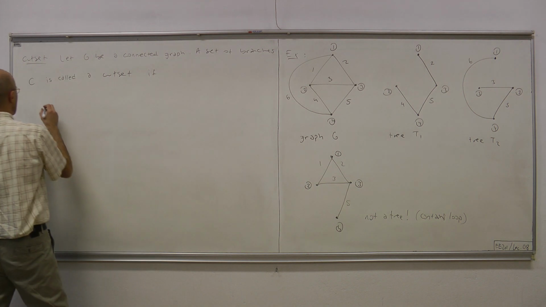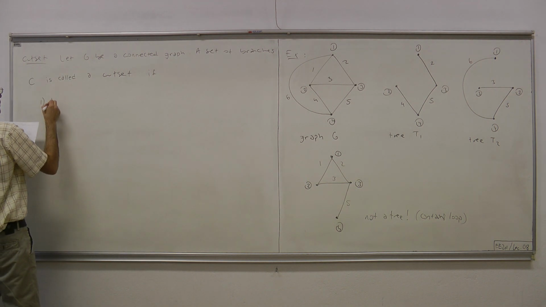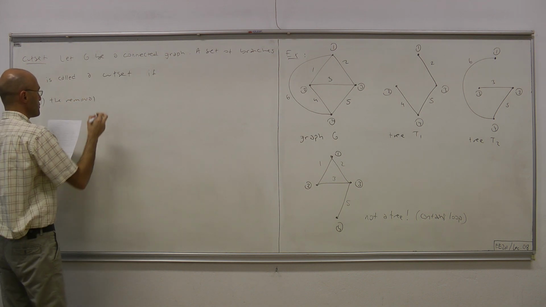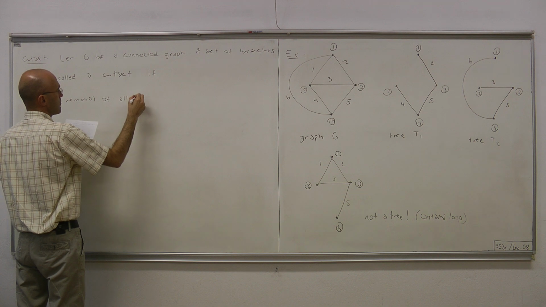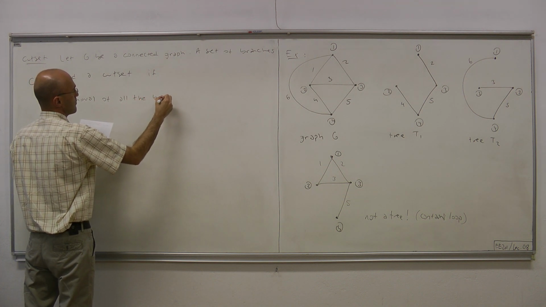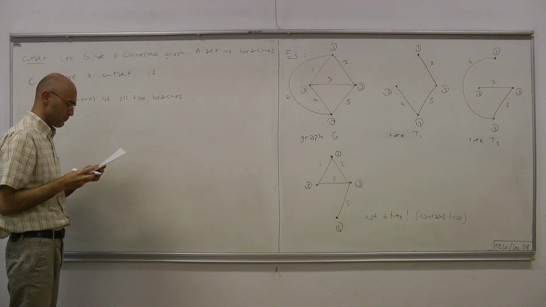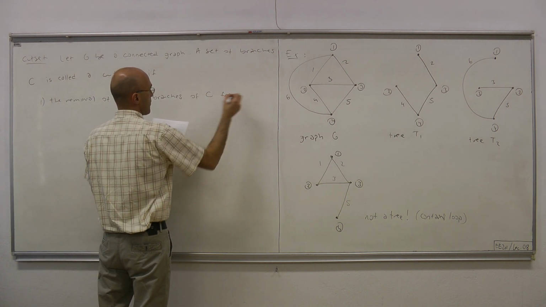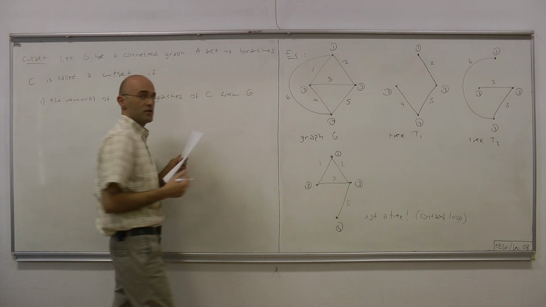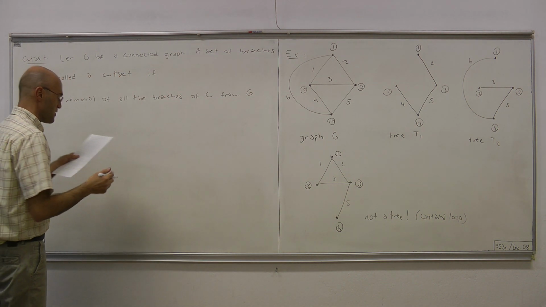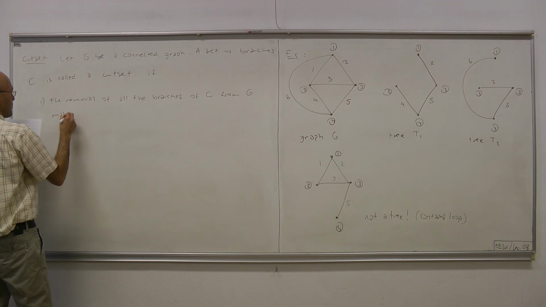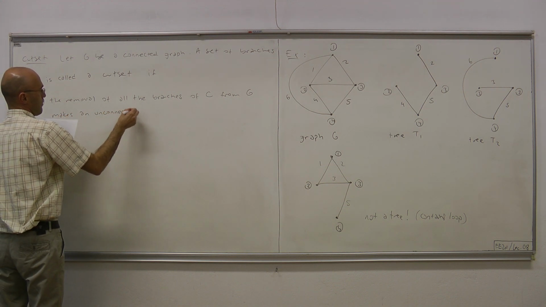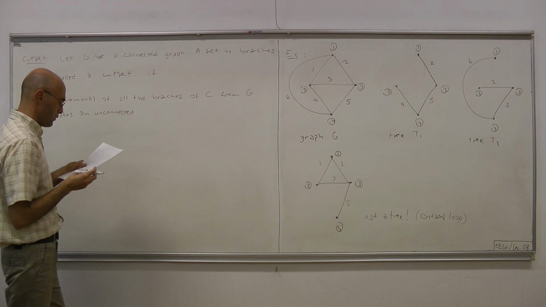First, removal of all the branches of C from the initial graph, the original graph G, makes an unconnected graph.